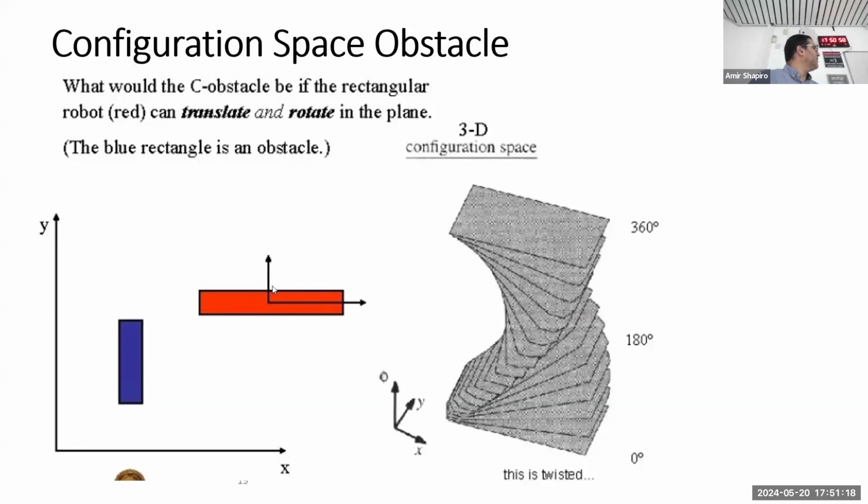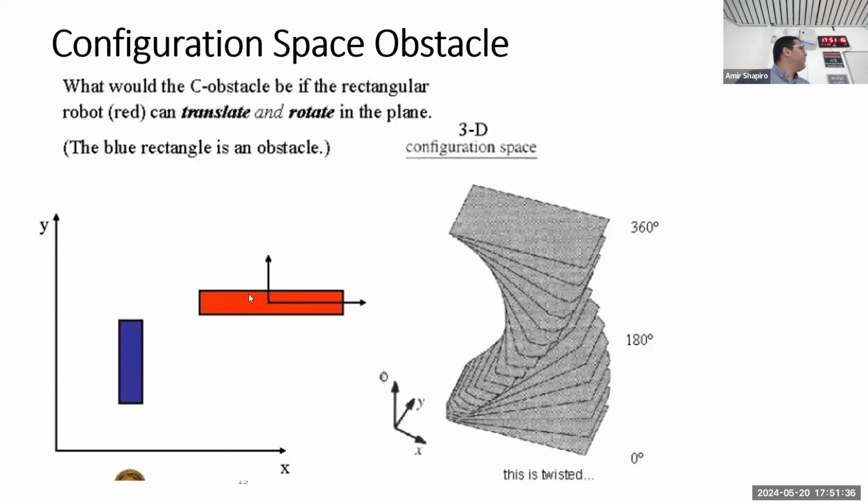And there is the blue obstacle. The robot can move in X and Y and can also rotate in theta. So the configuration space is X, Y, and theta.